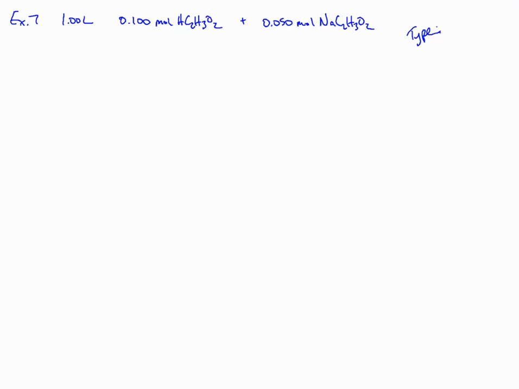So first off, the type, we have acetic acid, which is a weak acid, and we have its corresponding salt, which the acetate ion is its conjugate base. Anytime you have an acid and its salt, it's going to affect the pH.